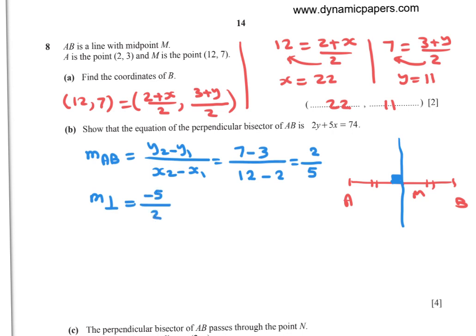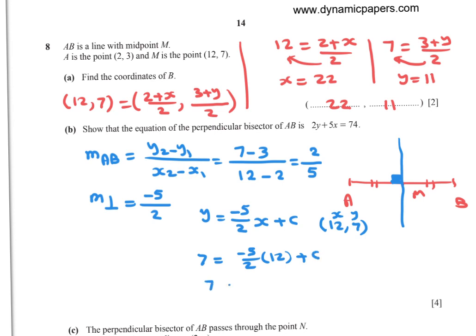So the equation of the perpendicular is y equals negative 5 over 2 x plus c. This line passes through the midpoint M, and we have the coordinates for M, which is 12 and 7. Now substitute. So 7 equals negative 5 over 2 times 12 plus c. So 7 equals negative 30 plus c.